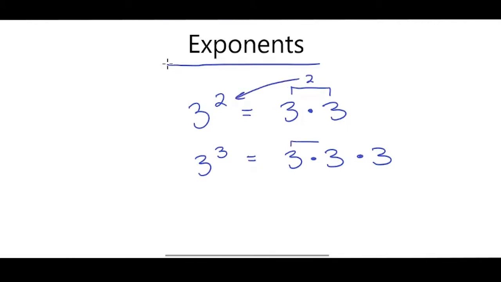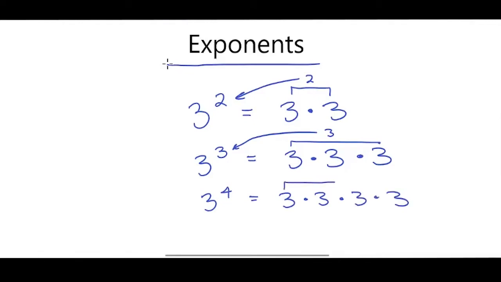Notice that there are 3 3s. Now, if I were to do 3 to the fourth power, that would be 3 times 3 times 3 times 3. And you'll notice quickly that there are 4 3s because it's 3 to the fourth power.